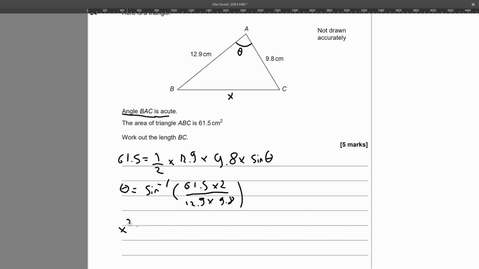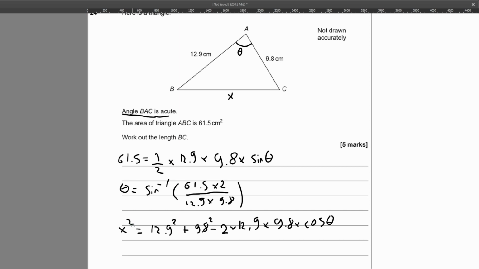You know that x squared is going to equal 12.9 squared plus 9.8 squared minus 2 times 12.9 times 9.8 multiplied by the cosine of the value theta.